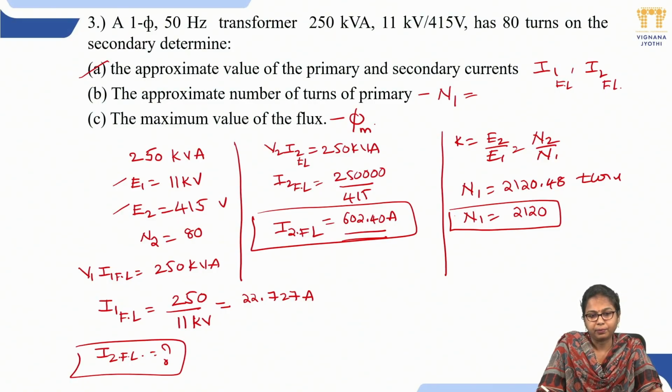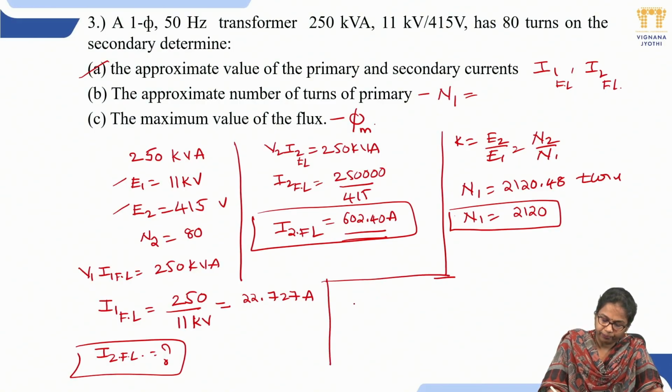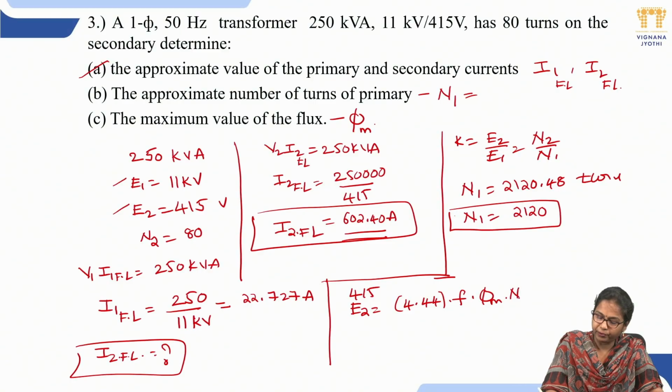And last, we are supposed to calculate the flux which is linking with both primary and secondary. So here we have E1 and E2. Either we can use, so let us go with the third expression. E2, which is equal to 415 volts, we have the expression 4.44 into frequency into flux into N2, the number of turns.